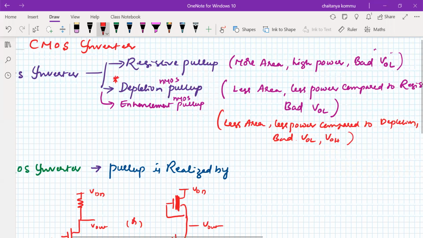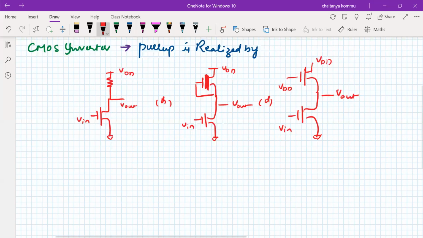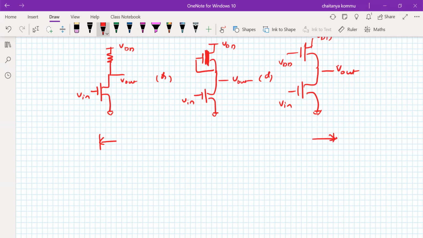Now we are focusing on another one. Let us consider this an enhancement transistor. It is connected to VDD, and this is called Vin here. So whatever approach we have seen here is not good. For all these cases, there exists a short circuit from VDD to ground.